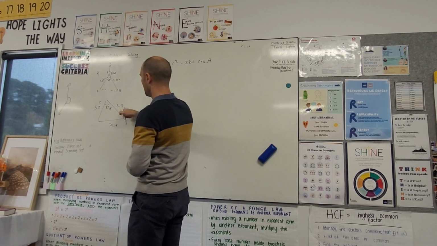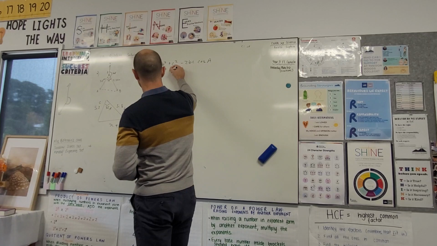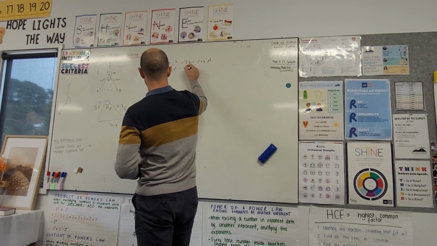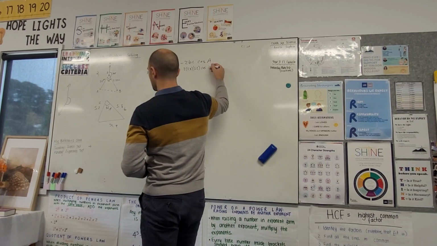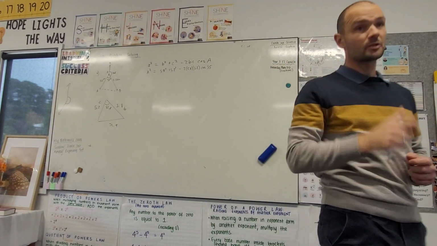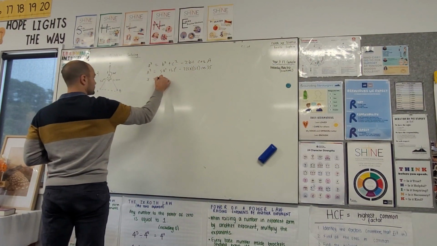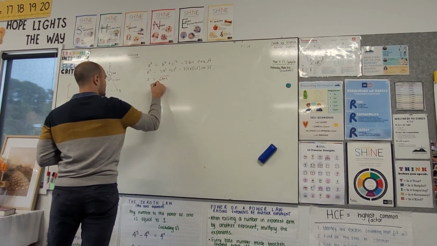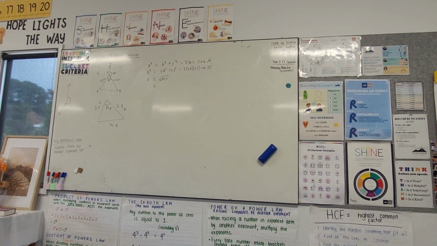Remember B and C don't matter which order we ascribe to them, so we'll have 5.8 squared plus 5.2 squared, take 2 times 5.8 times 5.2 cos of 35. So that's going to give us x squared, which means x is the square root of what this evaluates to. So we'll do that in one step to get our x value.